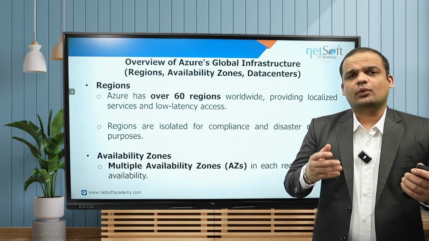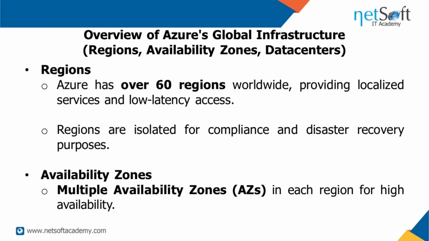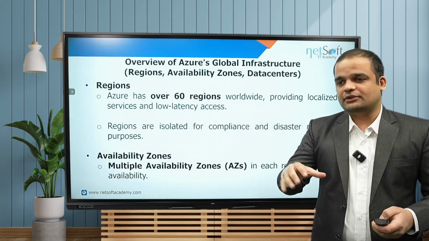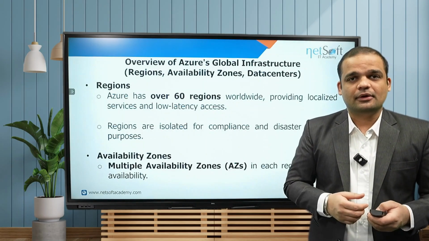Let's start with regions. Azure operates in more than 60 regions worldwide, allowing organizations to deploy services as close as possible to their customers or users. This setup minimizes latency and ensures compliance with local regulations.